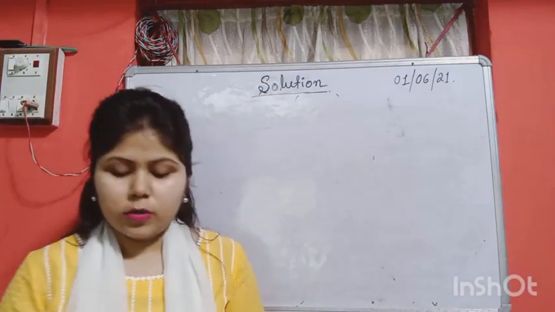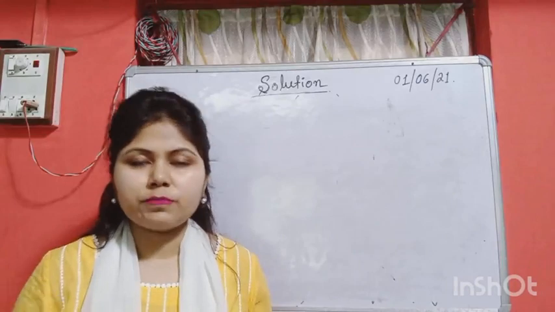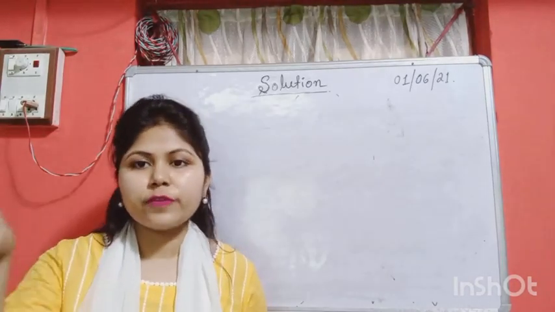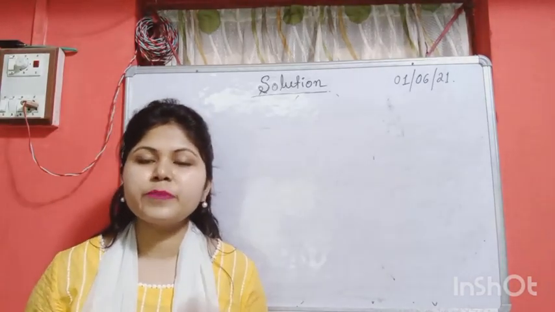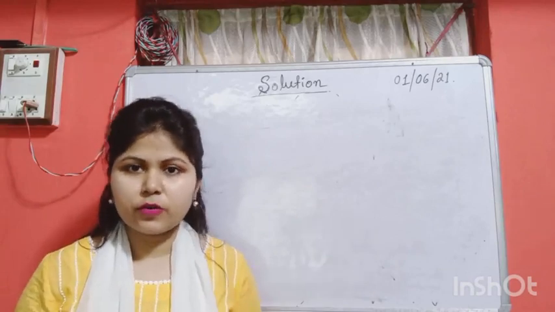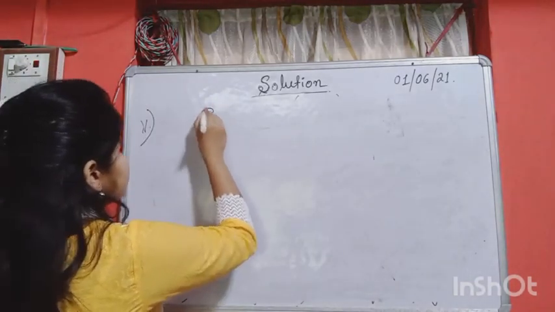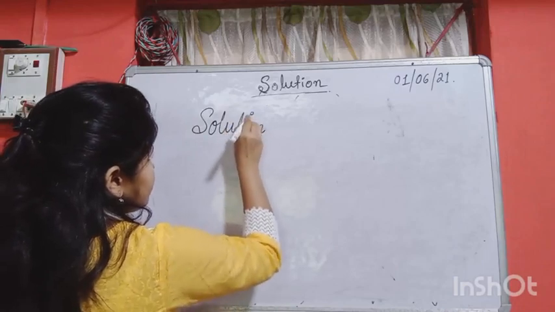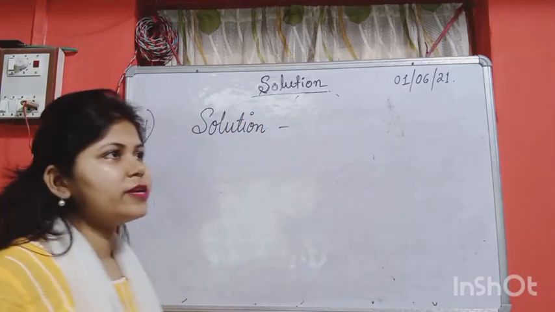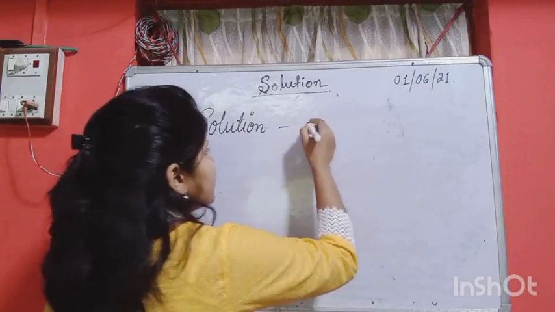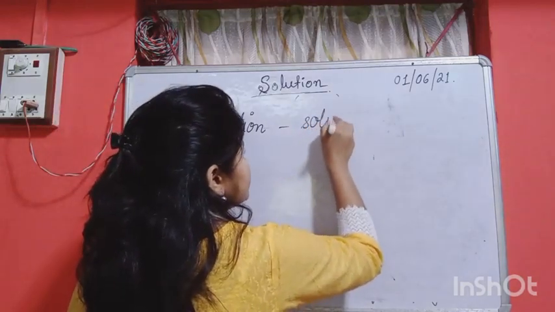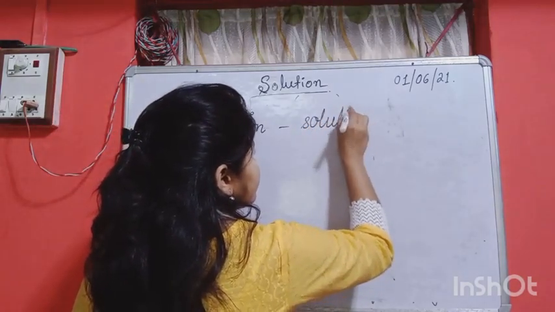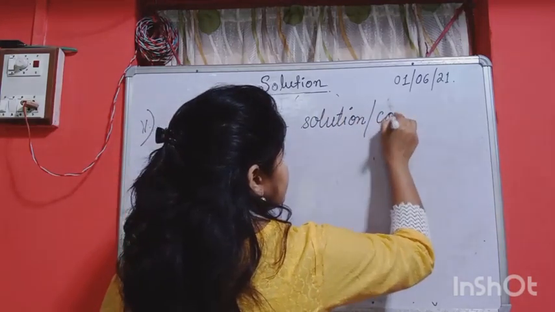Before starting the chapter, let me give you an overall idea of the topics presented under this chapter. Under solution there are actually 5 to 6 portions. First is the introduction part, or you can say concentration terms.